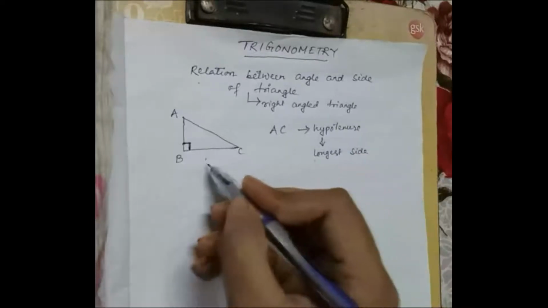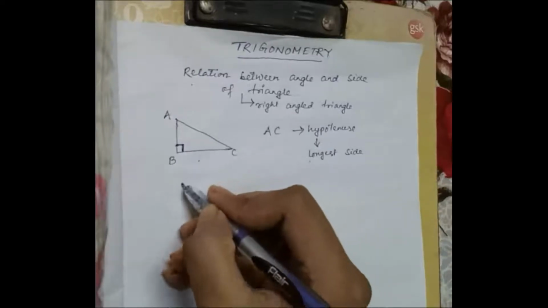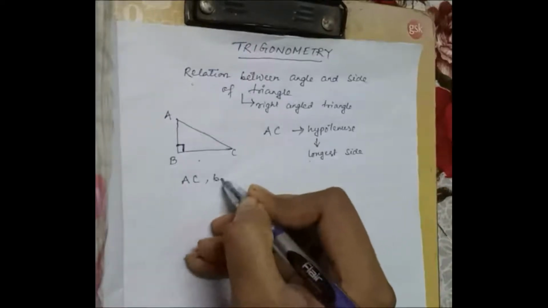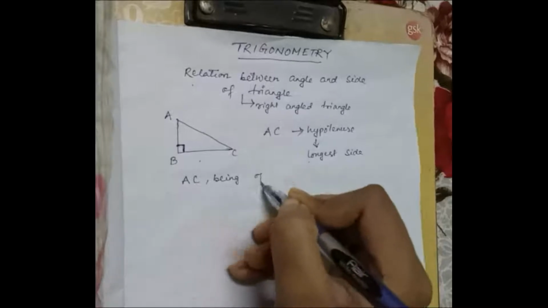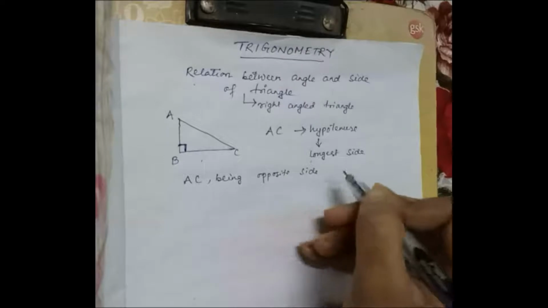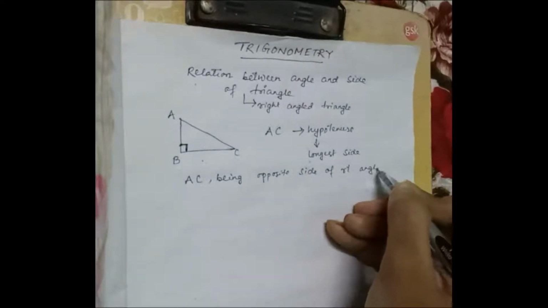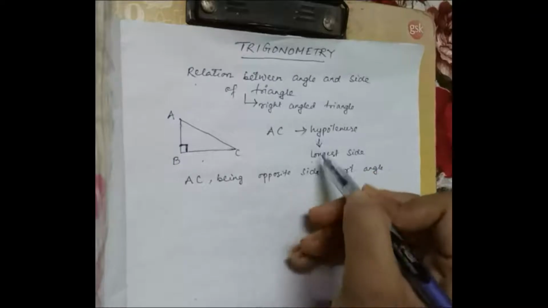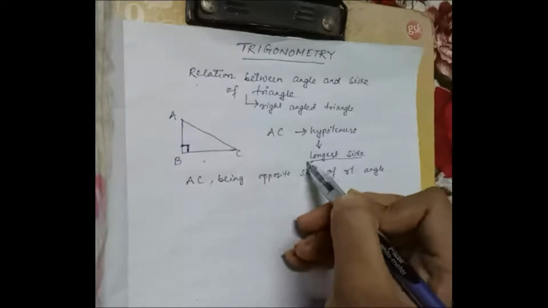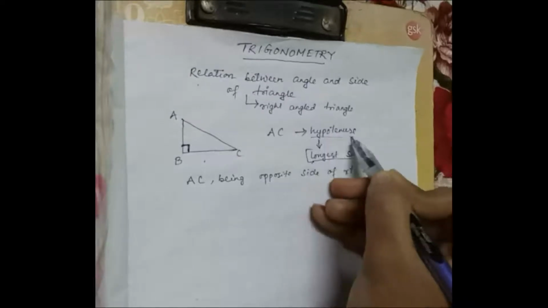It will be clear that AC, being the side opposite to the right angle, will be the longest side, and this longest side will be the hypotenuse.